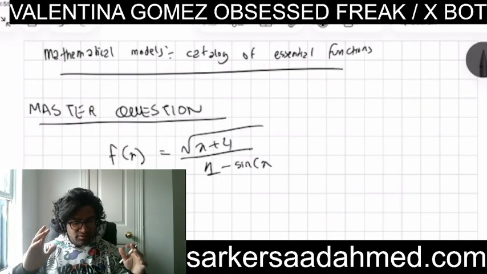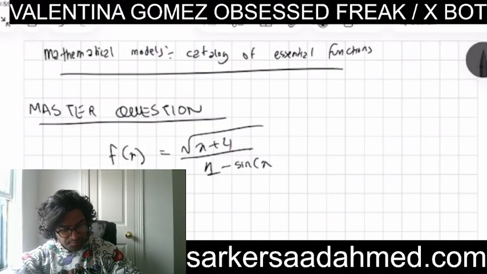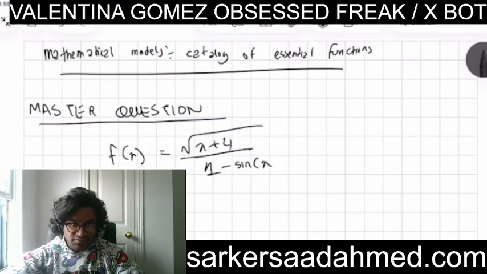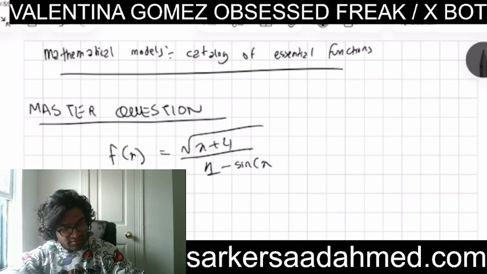So first of all, step 1, we want to classify the function. So what does classifying the function mean?